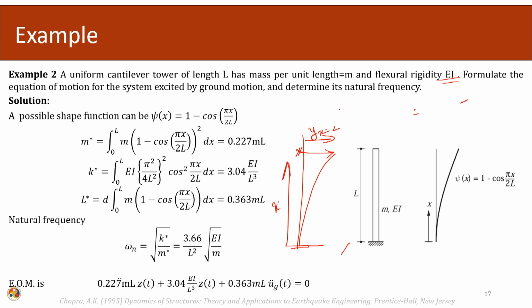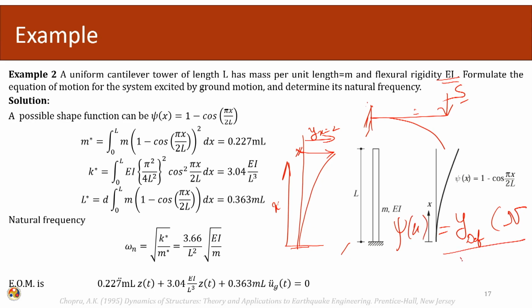Then I put an equivalent load here and calculate the y deflection equation. That will be the numerator of my shape function, and the denominator will be y at x equals L, the chosen degree of freedom. This way I can formulate the shape functions.